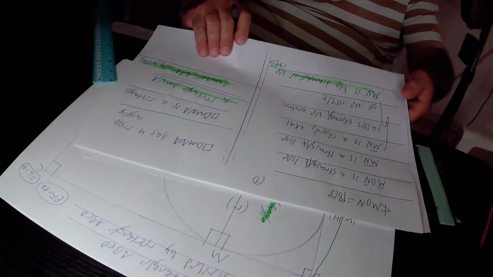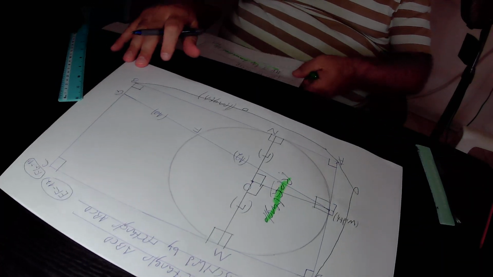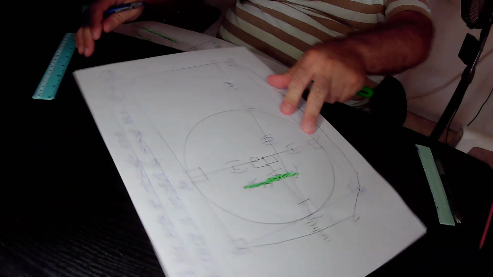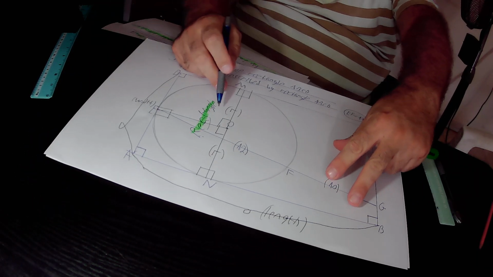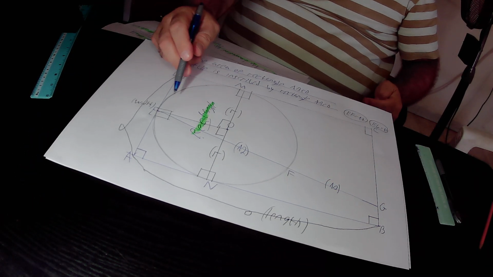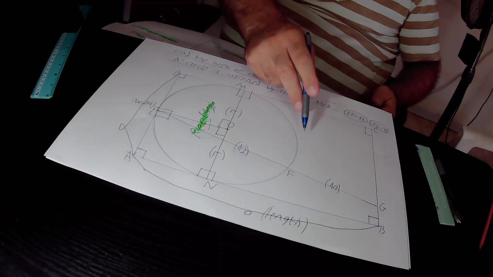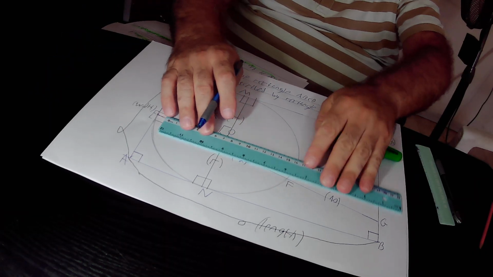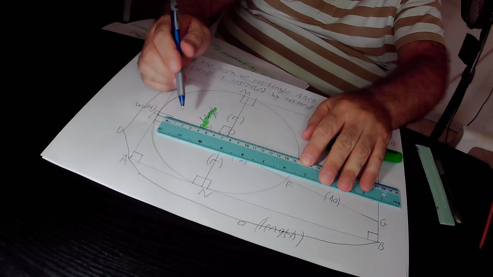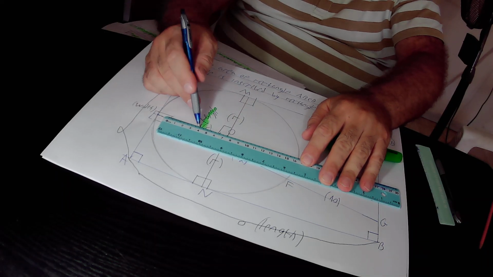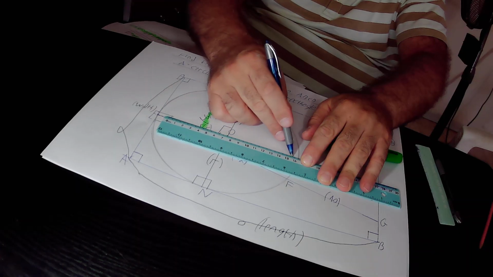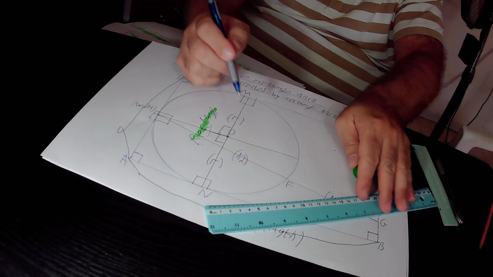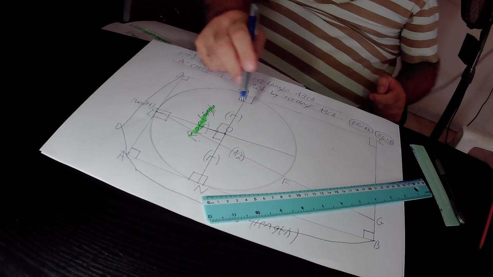In the next step, we will extend the radius EO that is equal to R. We will extend the radius EO by a straight line until it touches the circle. And we will define the touching point of the extended radius EO with this circle.